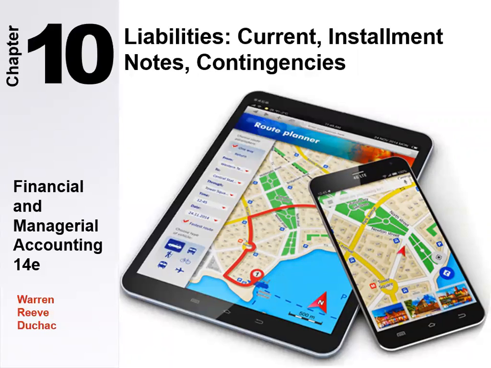So installment notes, of course, would be more like a mortgage or a car payment, where we're making equal payments, and some of that's going to interest and some of that's going to principal, okay? So the difference between that and notes, we know notes, they're usually the full amount, the face value plus interest, is due in 90 days or 120 days or something like that. Whereas with installment notes, we're making regular payments.